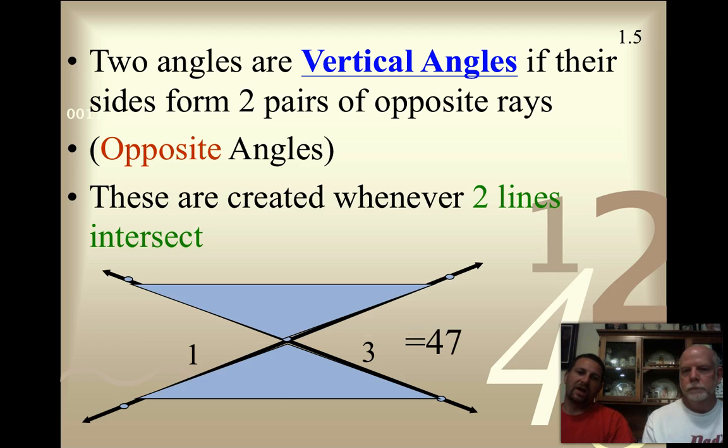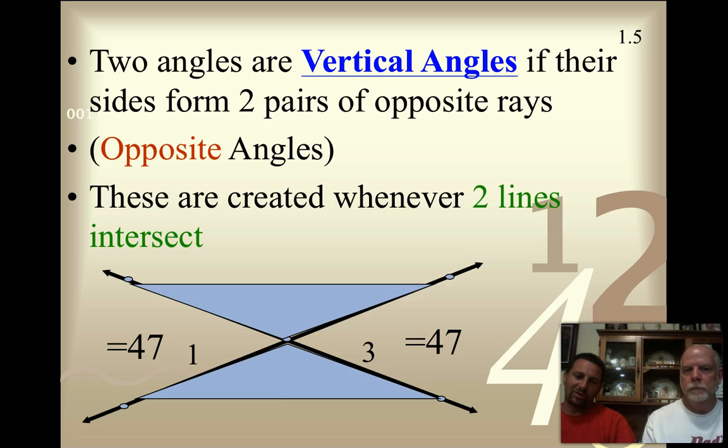So if I know that angle 3 is 47, I can just go off what the definition said, that vertical angles are congruent, and say that angle 1 must also be 47. Now, to figure out what angle 2 and 4 are, we know that if I started at the bottom of angle 1 and went all the way around that first line, that arc would be 180 degrees, so those two angles would be supplementary, or you could call them a linear pair.